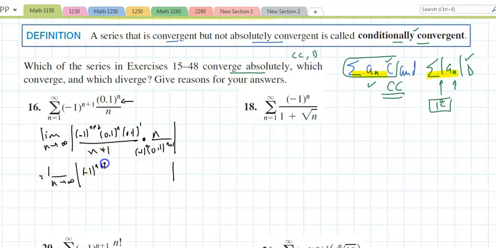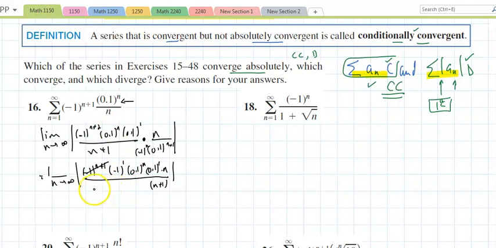I want to match the denominator so I could cancel a negative 1 to the n, 0.1 to the n, over negative 1 to the n plus 1, 0.1 to the n plus 1 times n plus 1. Now, this and that cancel out. Okay, I'm messing up big time. Let me rewrite that part.